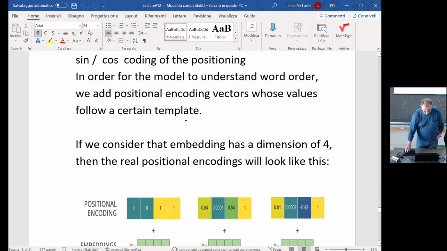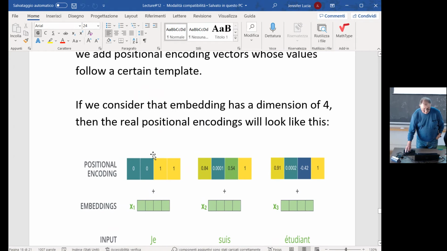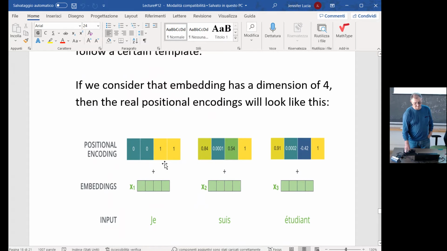So the positional encoding also can be marked in color from yellow to blue, from -1 blue to +1 yellow here.